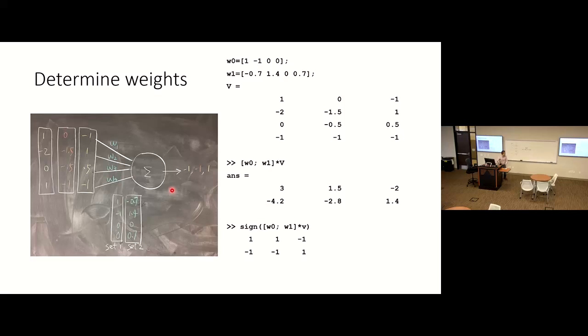So the activation function I use in this small example is the sign function. If you have negative values, it gives you -1. Positive values give you positive. 0 maybe gives you 0. This is just for illustration purposes, okay?